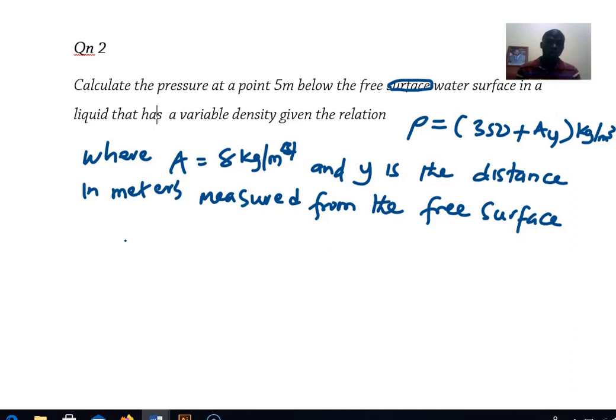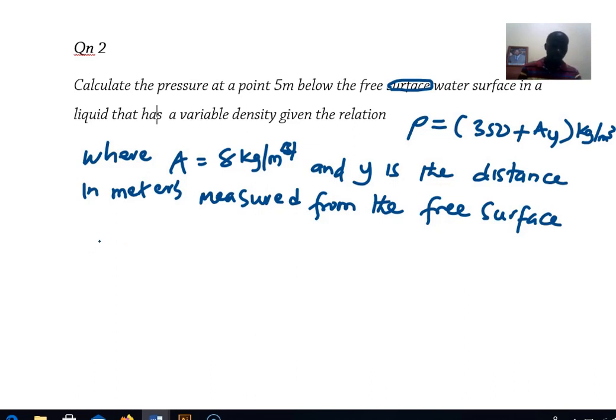So, calculate the pressure at a point 5 meters below the free water surface in a liquid that has a variable density given by the relation rho equal to 350 plus AY, where A is equal to 8 kg per meter to the power 4, and y is the distance in meters measured from the free surface.